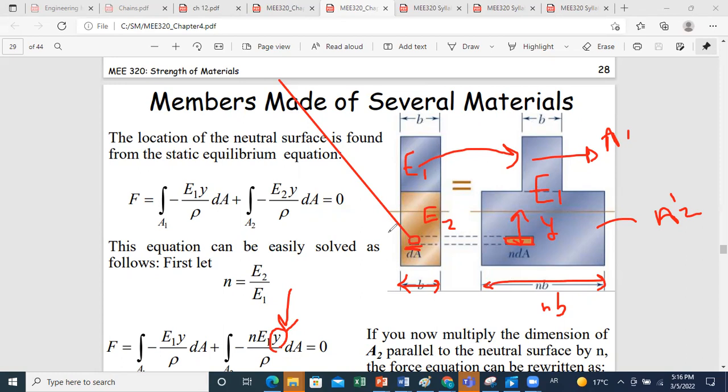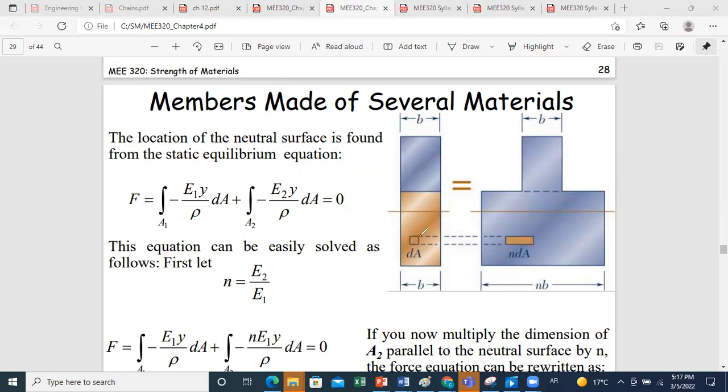So I did a modification in a way to ensure the same level of neutral axis. This means that if I determine the neutral axis for this section, it will be at the same level as the neutral axis of the composite beam. And in this way, I was able to solve the problem of a composite beam as a problem of a beam with one material by just doing an area modification.